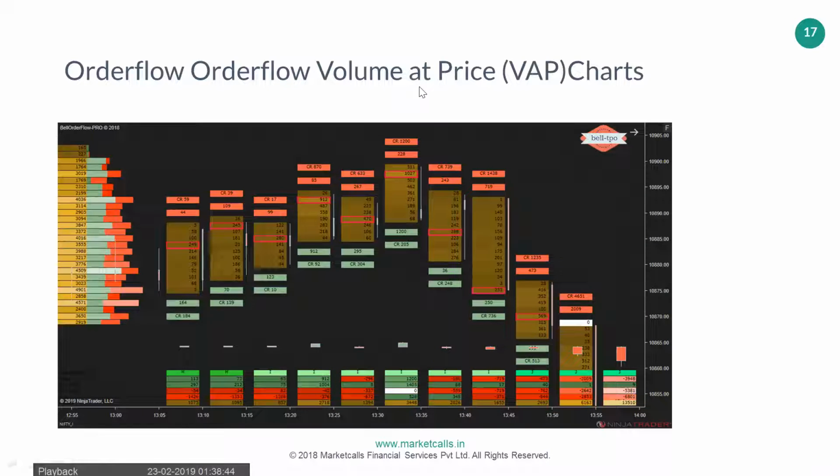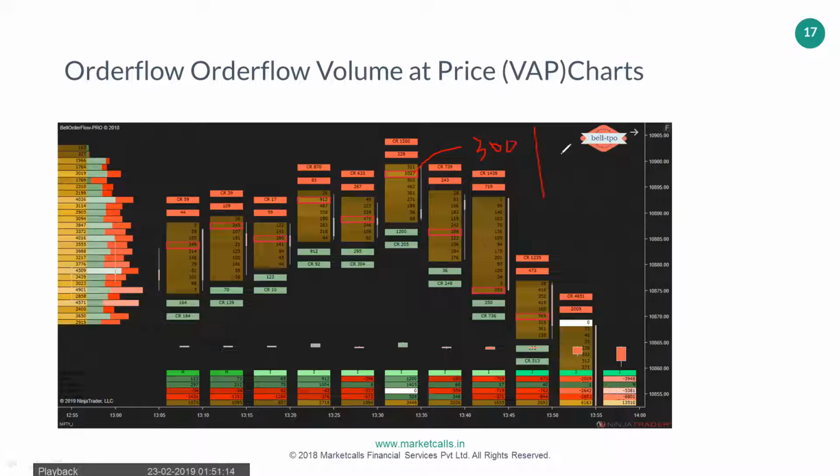Next comes the volume at price. So volume at price is where instead of showing the buyers and sellers bifurcation, it shows only volume at each and every price level, right? So let's say this 1,000 quantity over here could be some 300 sellers and 700 plus buyers also.